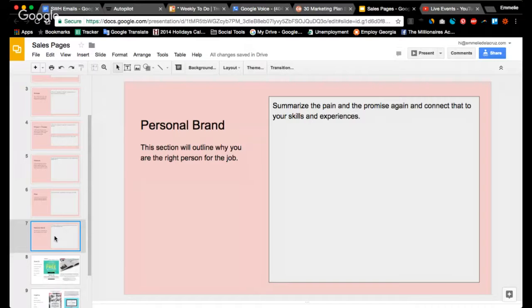For example, if I'm doing the weight loss, right, I would probably want to highlight if I'm a certified personal trainer or not. I would want to highlight any other certifications that I have, where I learned about nutrition, what makes me credible to teach this and provide this. You also, again, want to talk about why you're the right person for that target market.